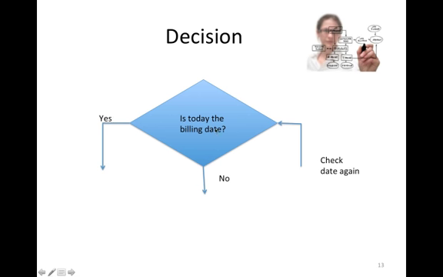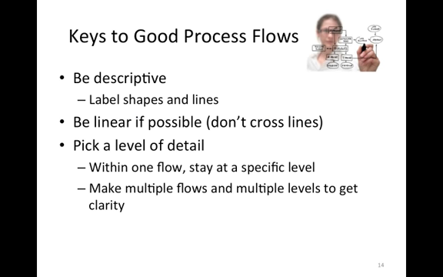If the decision changes the flow, changes the process, we want to document it in our process flows. So the key to a good process flow is to be descriptive with good labels, using the shapes that convey information, using lines to indicate directionality. It's really helpful to be linear if possible.